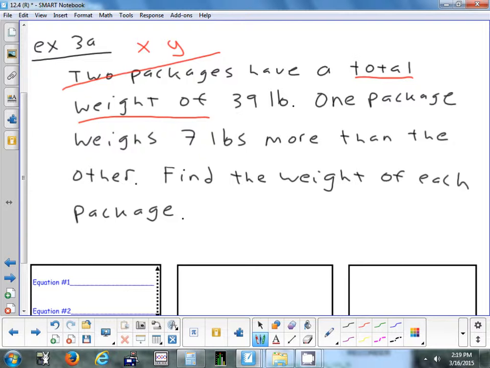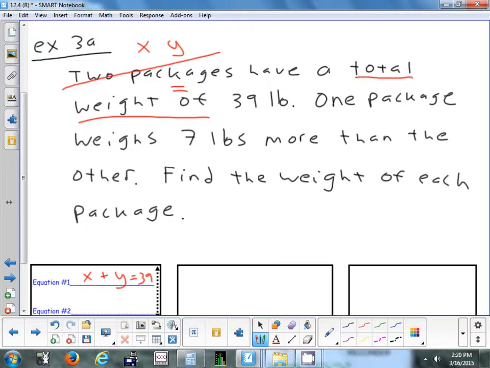That total weight of means equals, and then we just have the number 39. Our first equation, X plus Y equals 39. That was the basic one, right? Nothing really had to do any minus or plug in any numbers with the variables.